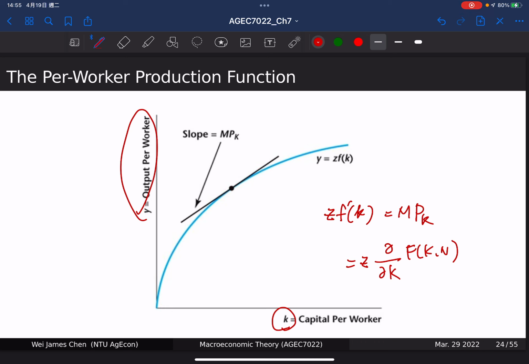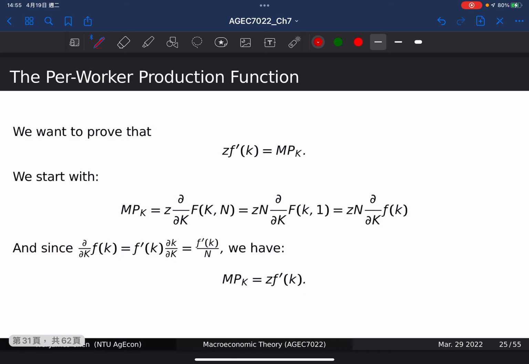By the graph, you sort of have the idea why it should be the case, but why is it really the case? If you want to prove that z f prime k equals MPK, we start with the definition of MPK, as I just noted. MPK is z times the partial derivative with respect to K of F(K, N).